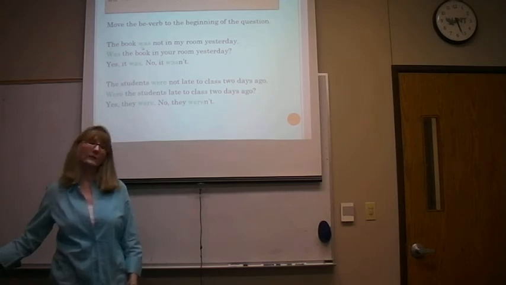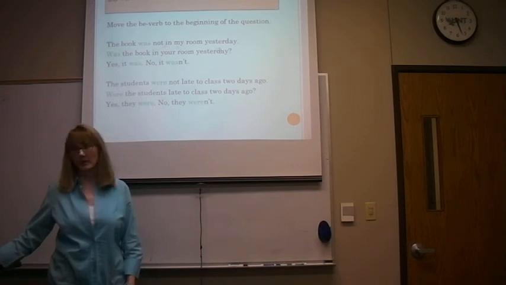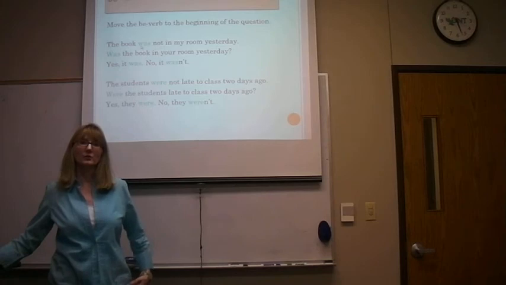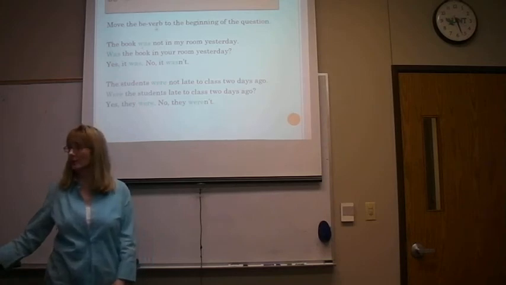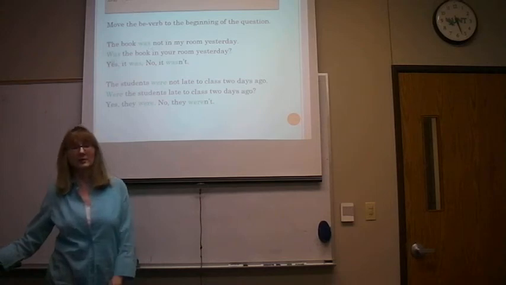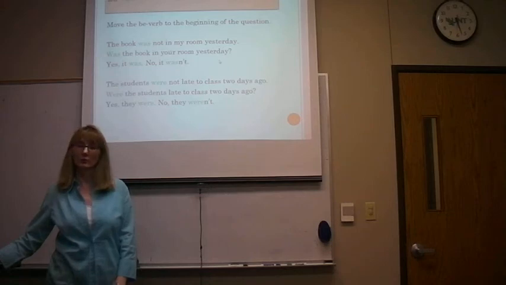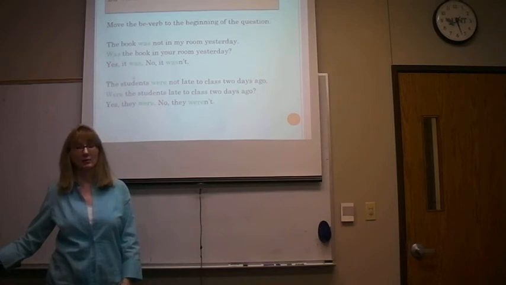And here, we've changed it to was not in my room yesterday. Then, when you change that to a yes-no question, you just take the first verb, that's was, and move it to the beginning of the question. Was the book in your room yesterday? And of course, when we answer, we use that verb again. Yes, it was. No, it wasn't.